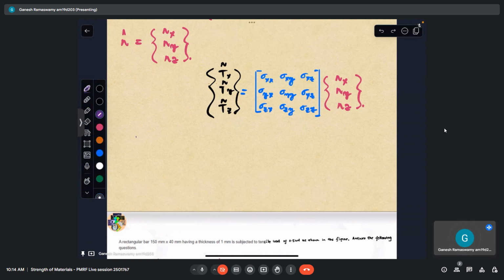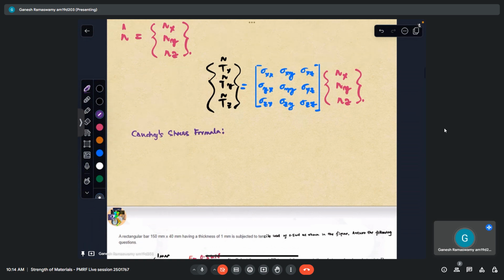That is because Cauchy's stress formula is actually given as Tn, the vector, is given by the transpose of the stress tensor. So in reality, this is the Cauchy's formula, which involves a transpose.